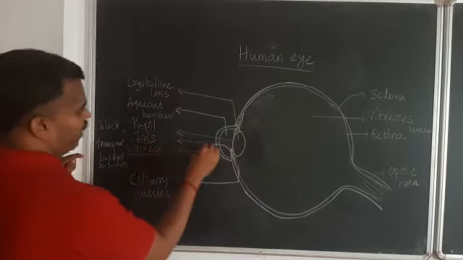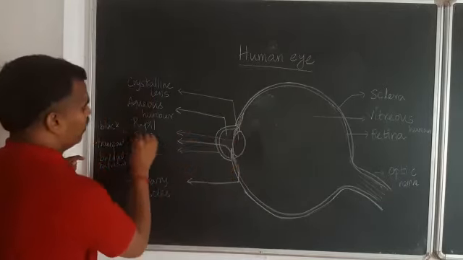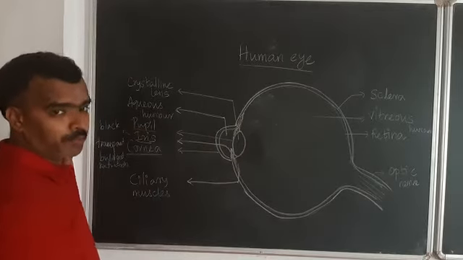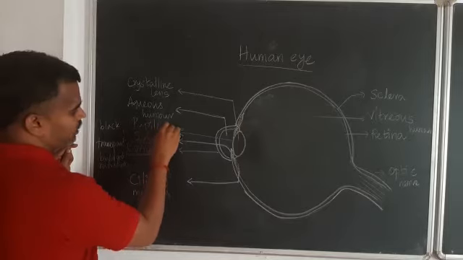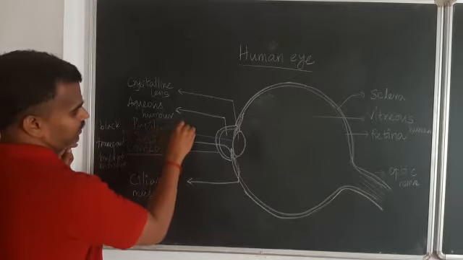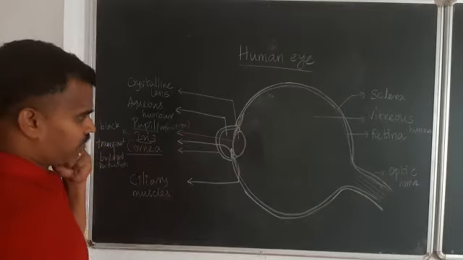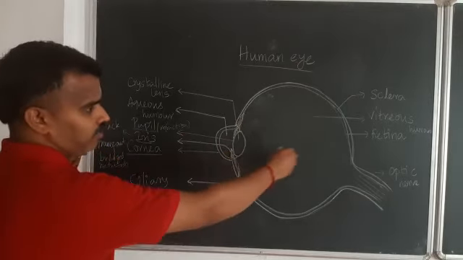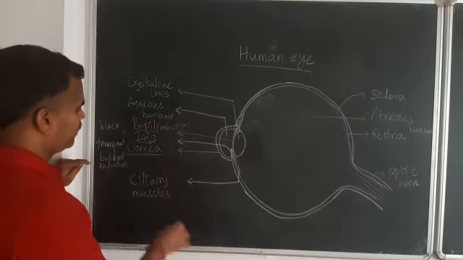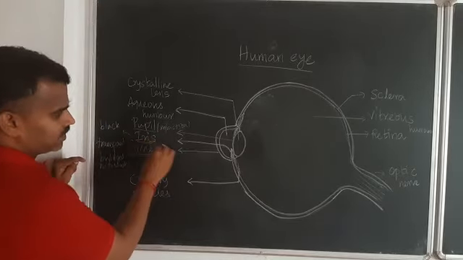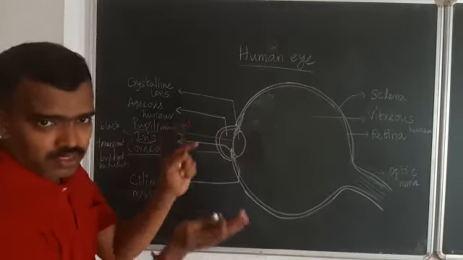In front of the lens we have one more part, the pupil. In the pupil, the first refraction of light takes place. After that it enters the eye lens, then it forms an image on the retina. The iris controls the pupil size.